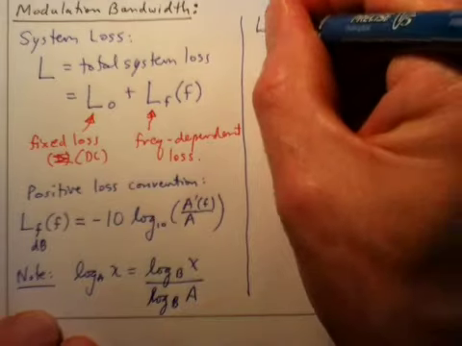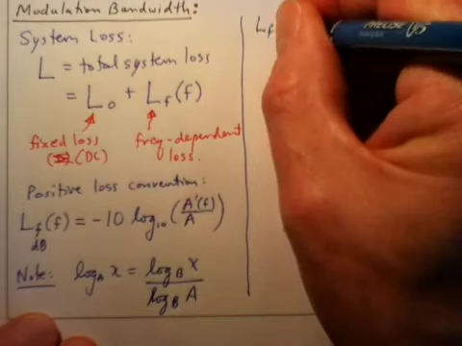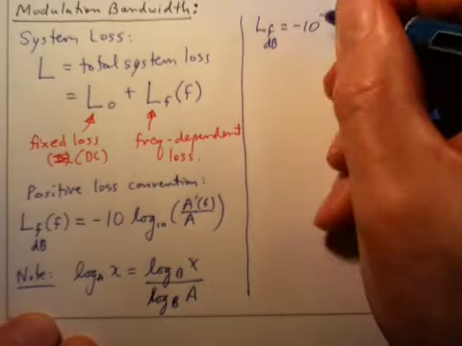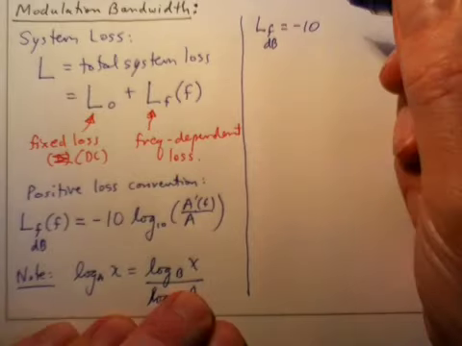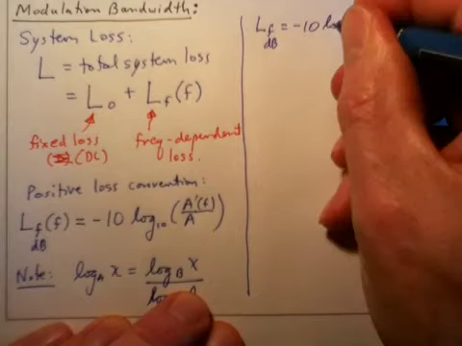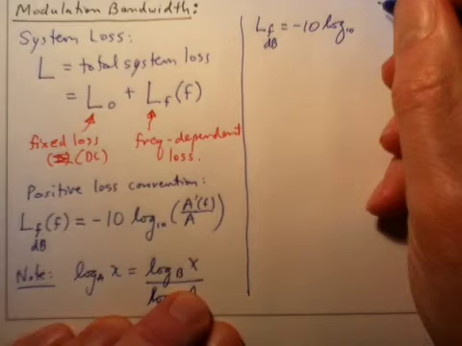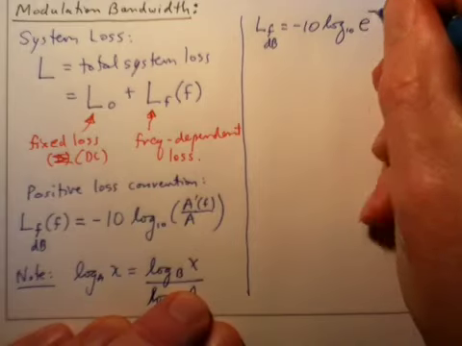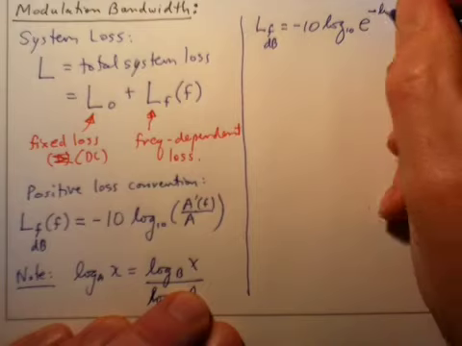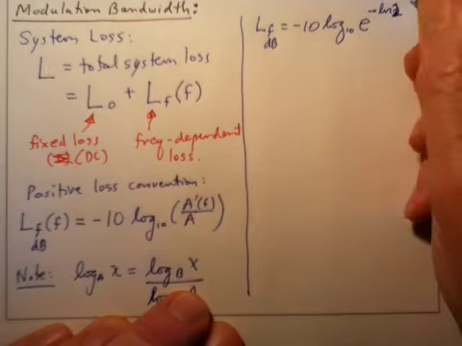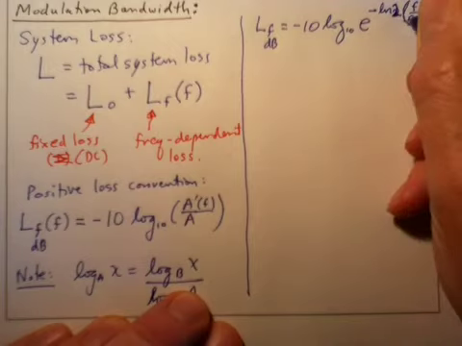And so if we use this relationship, we can go ahead and calculate the loss L f in dB units as minus 10 log 10 of e to the minus natural log of 2, f over f3 dB, quantity squared.